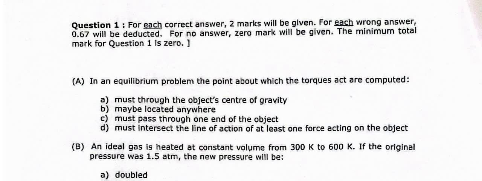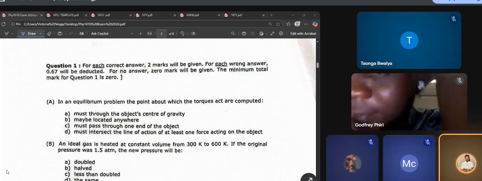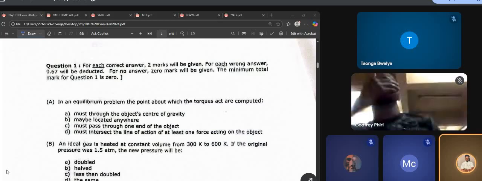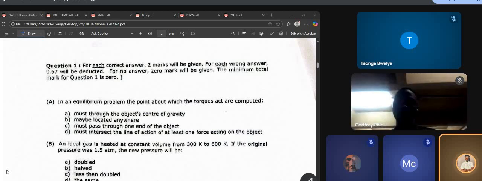Kasoma, which one do you think is the correct answer here? Godfrey is saying B, may be located anywhere. A is out, because A just restricts us to the center of an object.